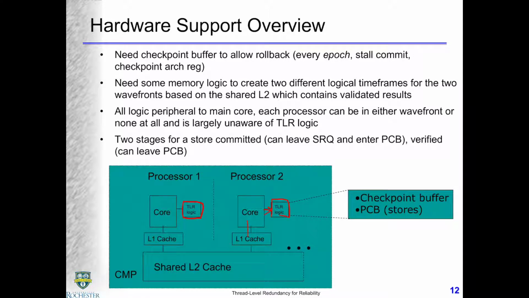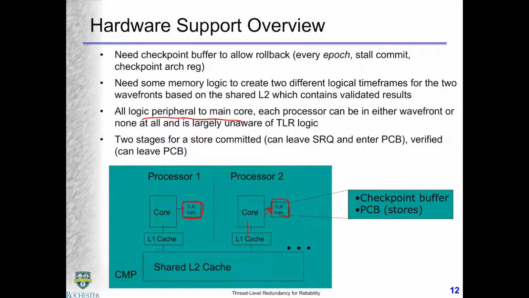So this is really what it involves. And if an error gets detected, then you flush the pipeline, reload it, and that's exceedingly rare. So all that logic is peripheral to the main core. It's not very frequently used. Okay.